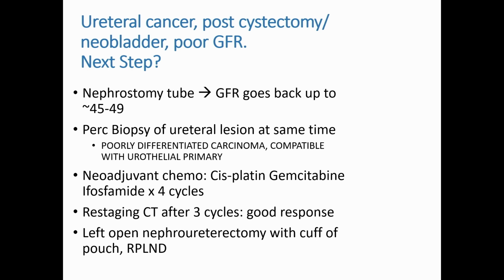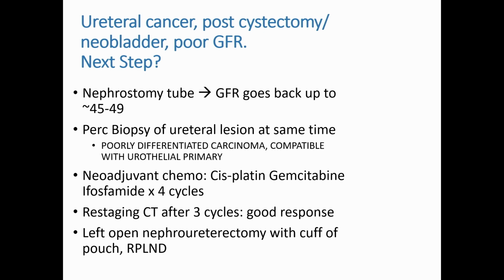the patient underwent an open nephroureterectomy with the cuff of the pouch and the lymph node dissection. These cases can be very difficult post-cystectomy, if you're asking why this case was done open, and I showed you a prior case with extensive nodal disease that I did open. Usually after nodal disease, there can be tremendous desmoplasia around the great vessels, and with the handling of the lymph nodes, I feel like you have to be much more careful, particularly with urothelial disease.